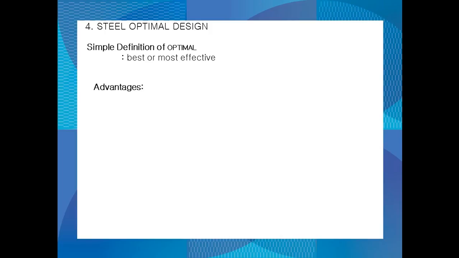So moving on to steel optimal design. What steel optimal design simply means is it's the best or most effective. So the advantages are quicker analysis time. What I mean by quicker analysis time is that the iterative process is much quicker.